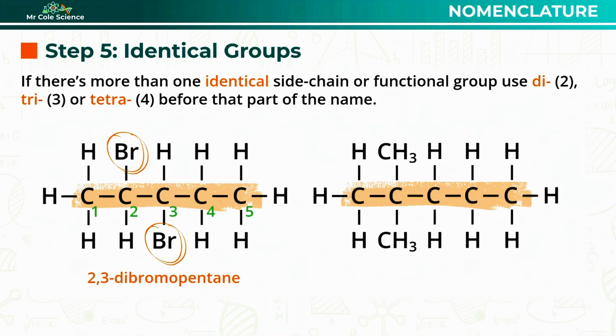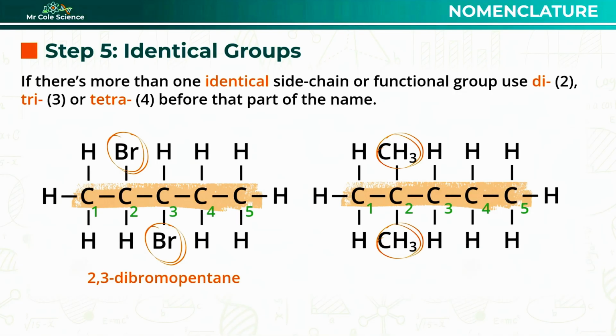Numbering-wise, it's these additional side chains that are going to dictate whether I number left to right or right to left. I want to give them the lowest possible numbers, so I need to go left to right, so they're both attached to the second carbon. Step 4 would mean we add the methyl prefixes, giving 2-methyl, 2-methylpentane, which immediately sounds odd and like you're just repeating yourself.